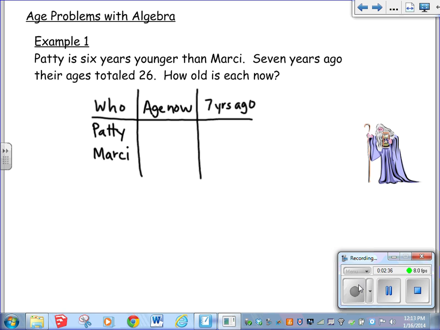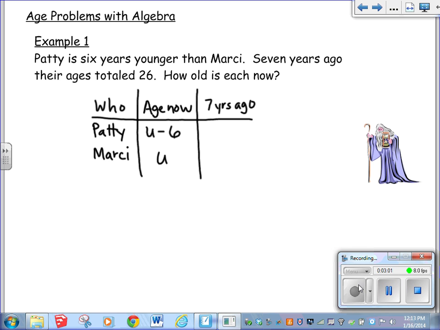And what variable would you like? Logan? U, for Marcy. You're going to make Marcy U. If you choose to make Marcy U, what's an expression for Patty, knowing that Patty is 6 years younger than Marcy? Okay, Luke? U minus 6.